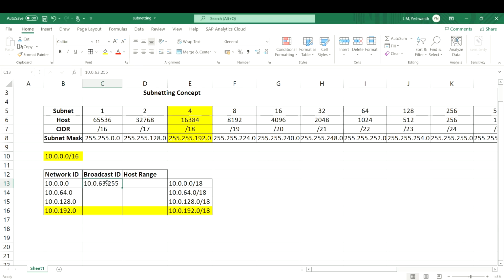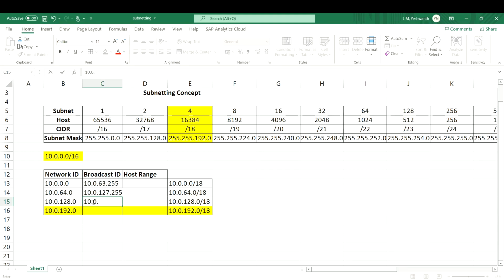Subtract 1 and you will get 63, and replace this 0 with 255. That is all you have to do. Now for the second one, you already know the answer. It is 10.0. so subtract 1 from this one. 128 minus 1 is 127, replace 0 with 255, right? It is that simple. Next, you already know the answer.